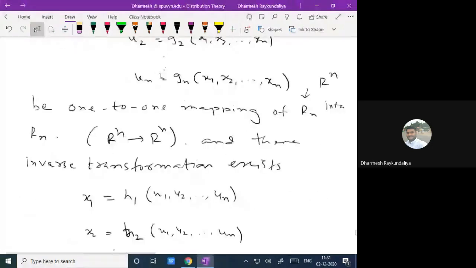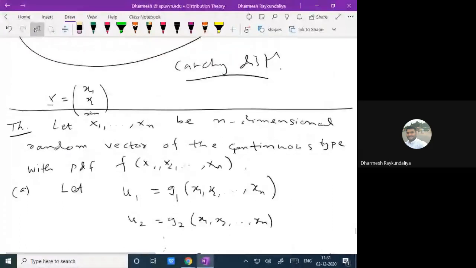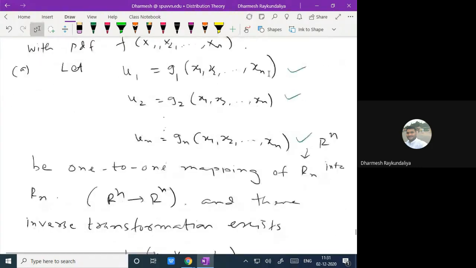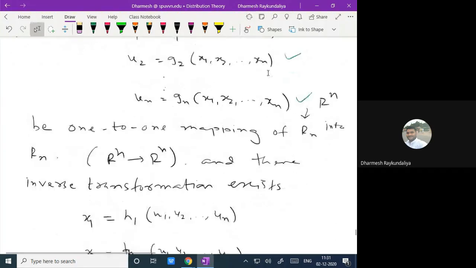Suppose you have given that x1, x2, xn are random variables, an n-dimensional vector having the joint PDF given by this, and you wish to find the distribution of u1, u2 up to un, where u1 is g1 of x1, x2, xn, u2 is a g2 function of x1, x2, xn, and un is the nth function, gn, of x1, x2, xn.